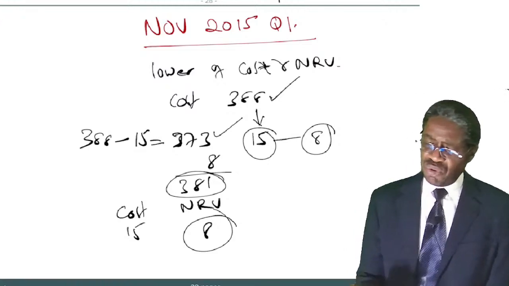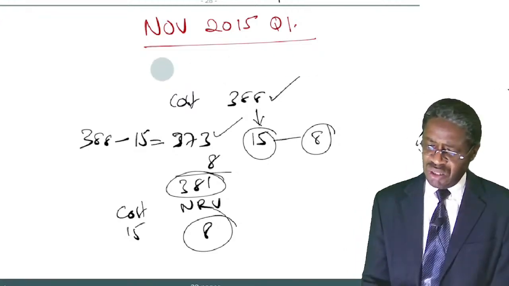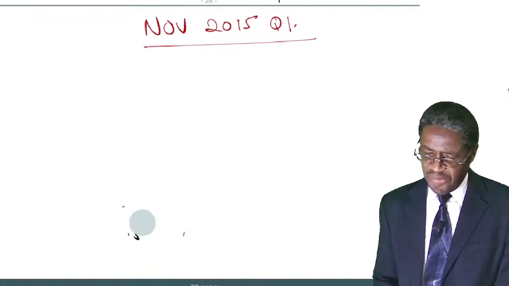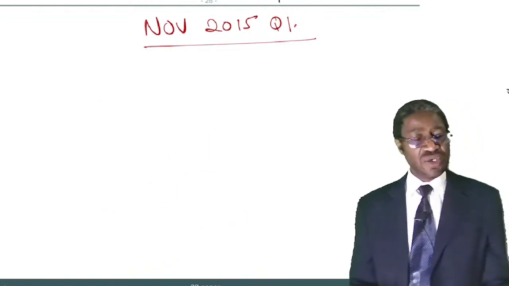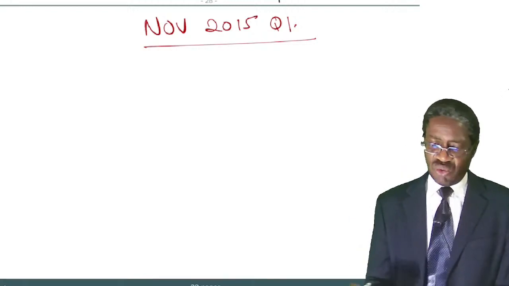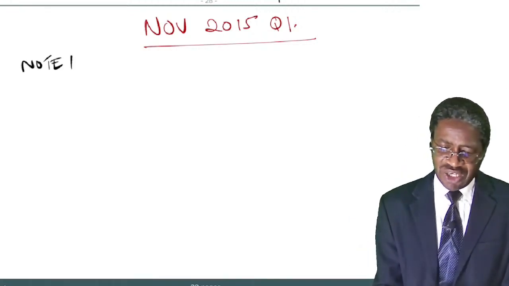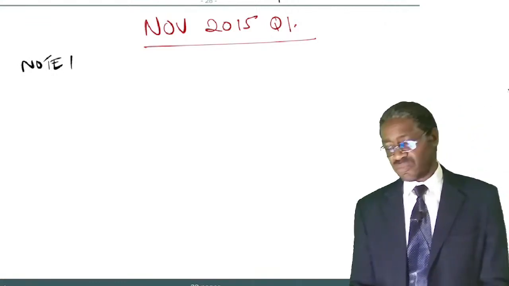So maybe we can put down that information now. Let's put down the information concerning note number 1. Maybe you could even put down note 1 to remind you, when you are revising, that you are dealing with note number 1.